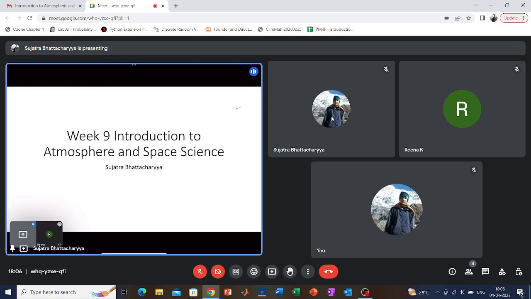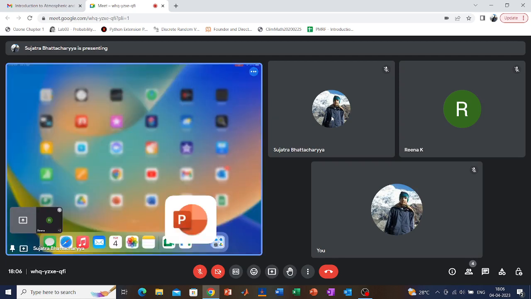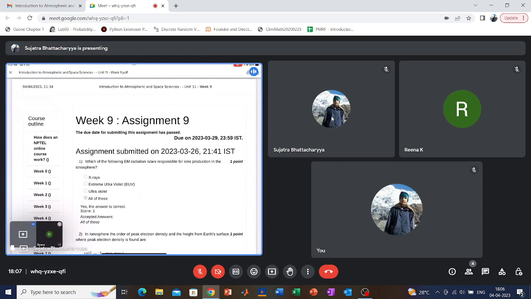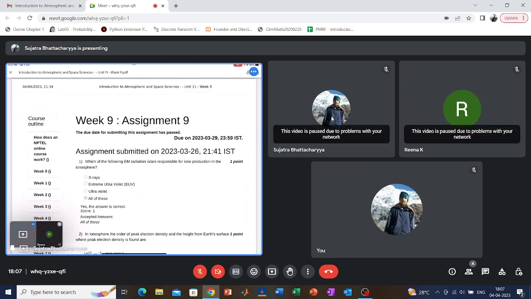So I will start with the assignment. The first question in the assignment is which of the following EM radiation is or are responsible for ion production in the ionosphere? So in the ionosphere, we know that all the shortwave radiations which are present generally tend to make these ions.